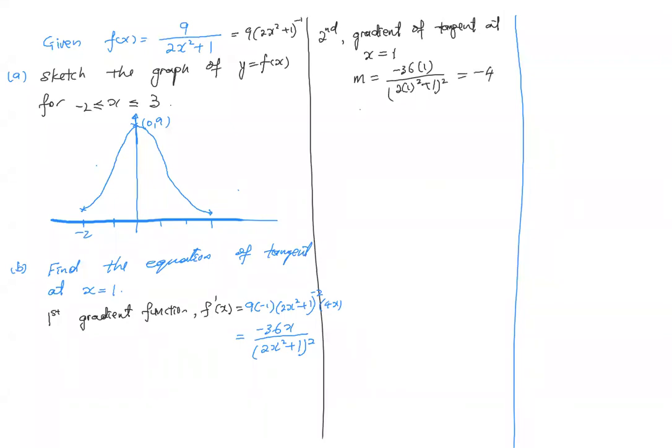Then you must get your y coordinate, which is 9 over (2 times 1 plus 1). You get 3. Then third step, you put into y equal to mx plus c to get the c. So you get 7. So therefore the equation of tangent is y equal to negative 4x plus 7.